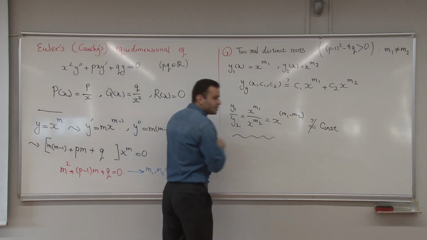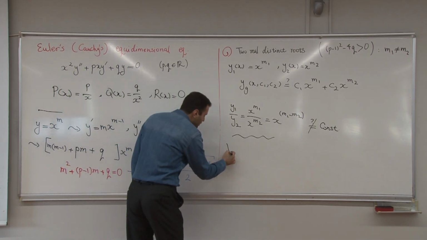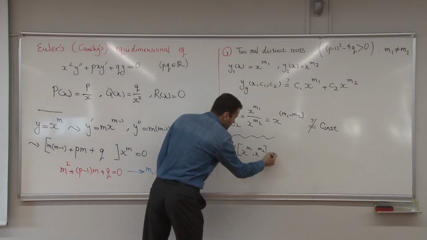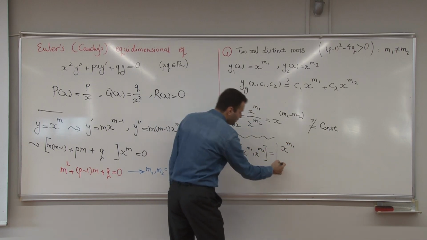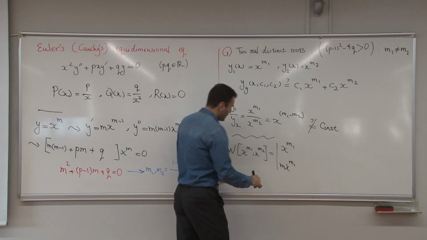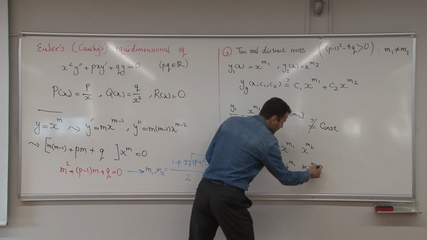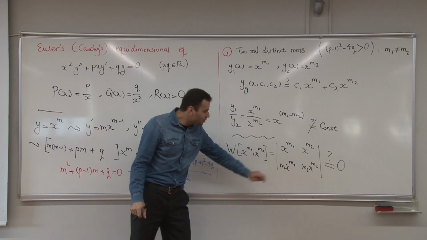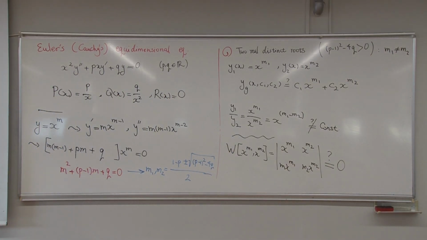Or the second way to check if two functions are linearly independent or not was what? Calculating the Wronskian of these two functions, x to the power of m1 and x to the power of m2. And this is going to be the determinant of the first function, derivative of the first function, second function, derivative of the second function. Can you please calculate this Wronskian and let me know if it is equal to 0 or not?